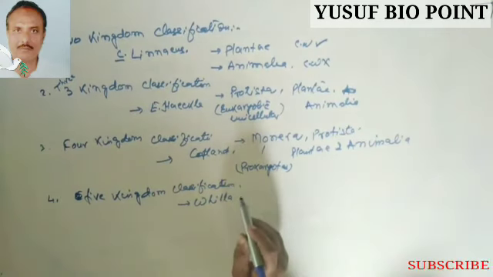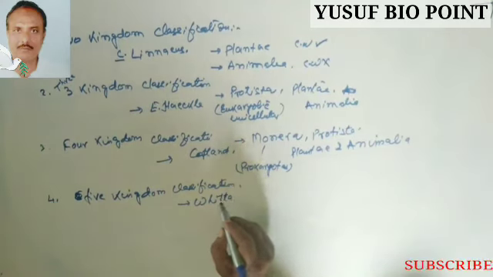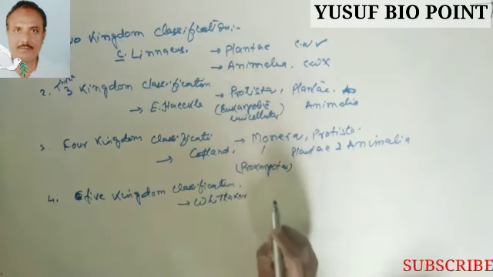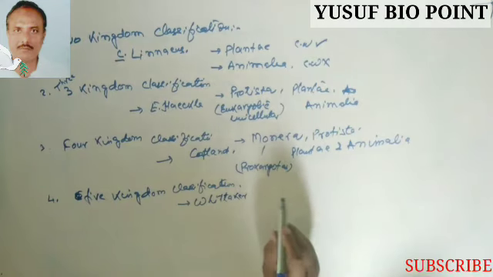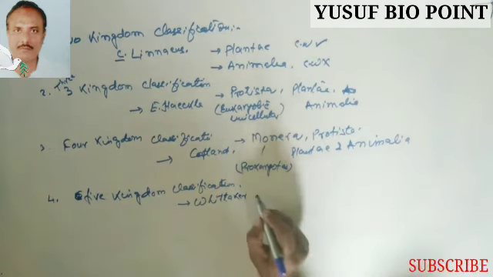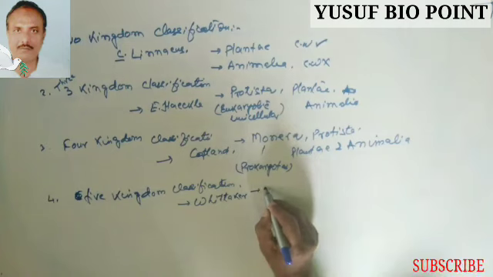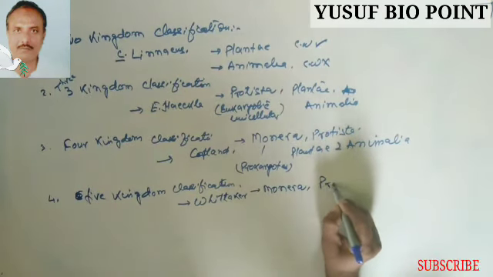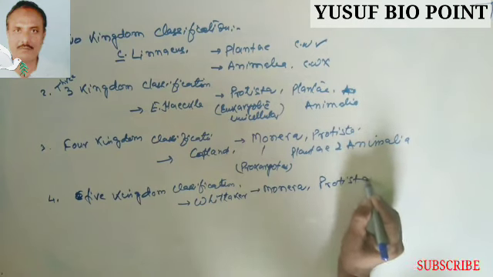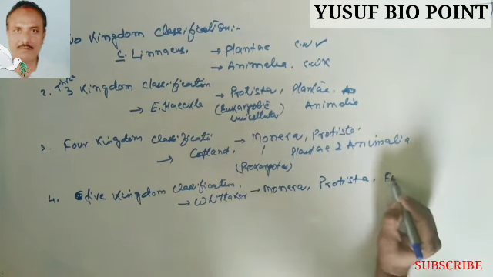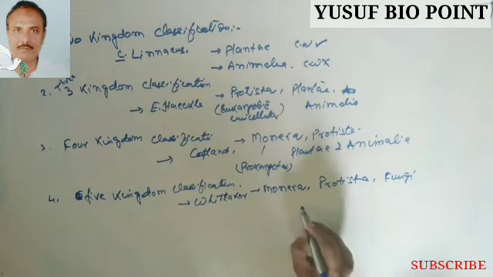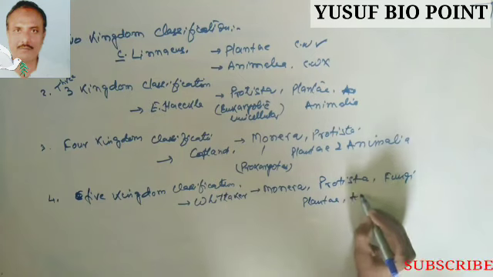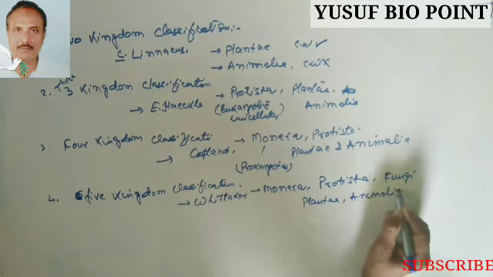The classification was proposed by Whittaker, and for the first time he added fungi in the classification, and according to that, this is Monera, Protista, fungi, Plantae, and Animalia.